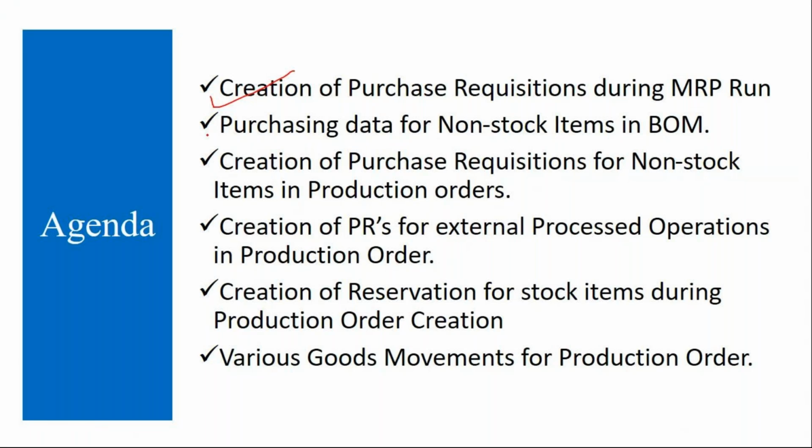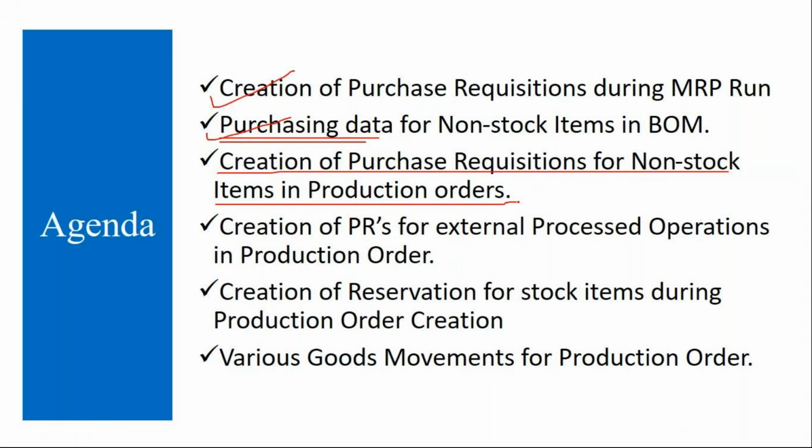Then, purchasing data for non-stock items in the bill of material. I'll explain what is BOM, because this BOM is related to PP. I will show you the BOM, and when you enter non-stock items in that BOM, how the system will ask you to enter the purchasing data.